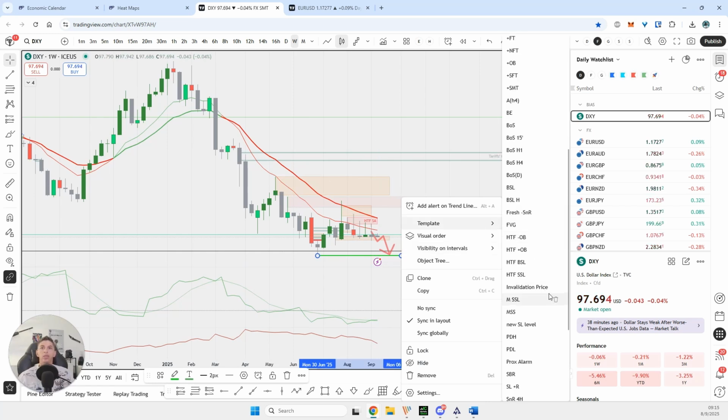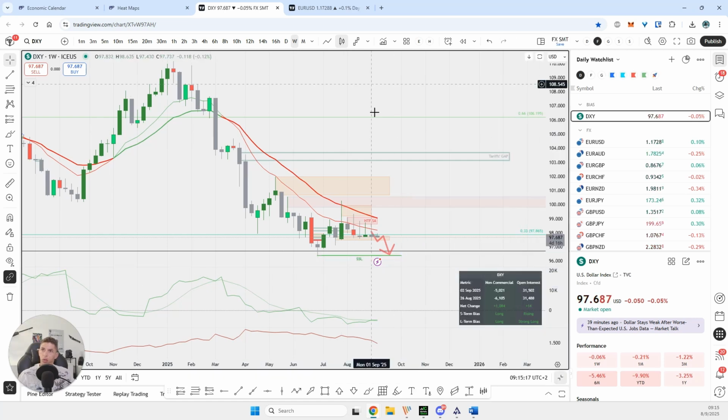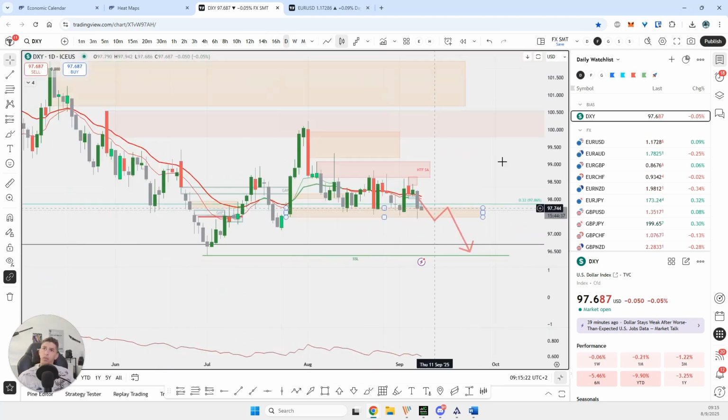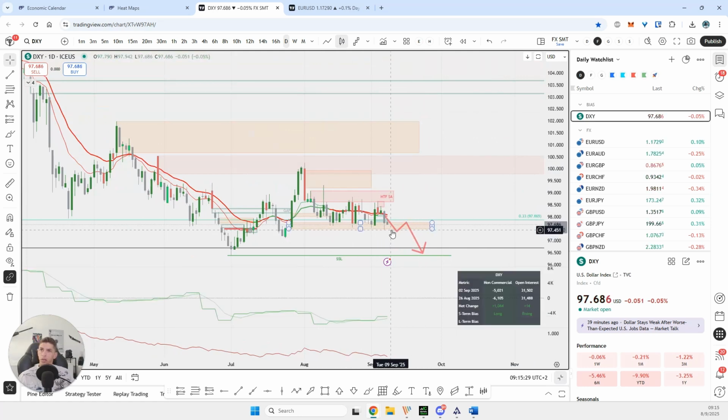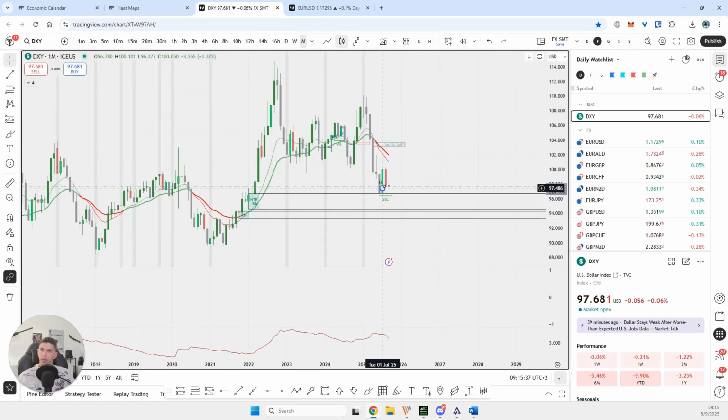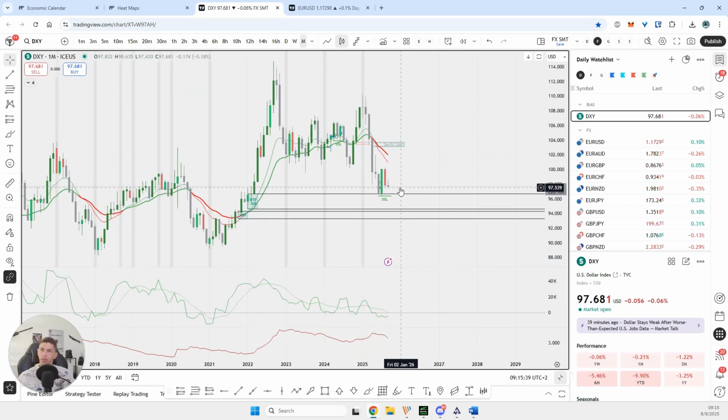Higher time frame. Yes. There we go. Let's go to daily. Interesting that we didn't close below this, but I am expecting a bearish. Let's check the monthly. Yeah, beautiful.